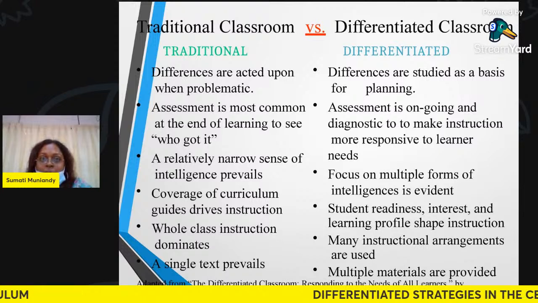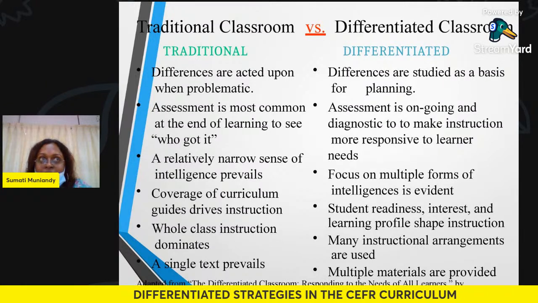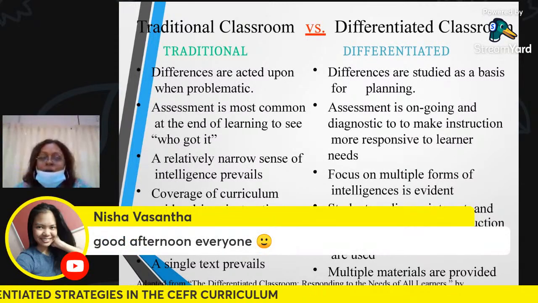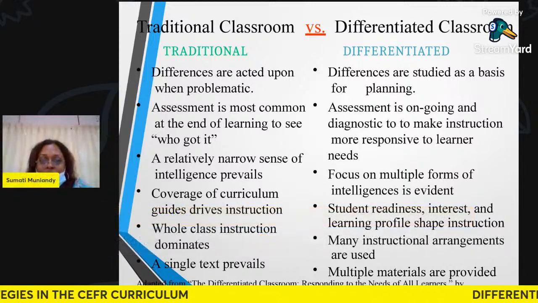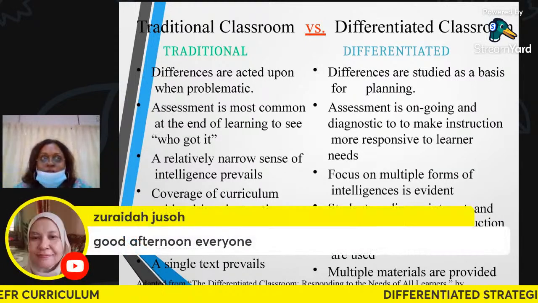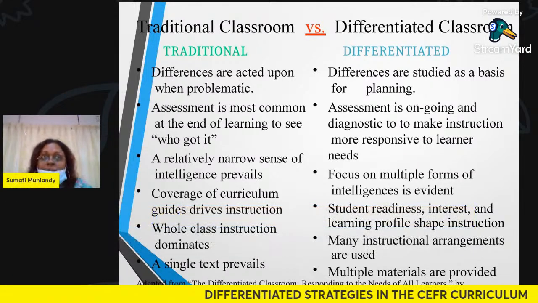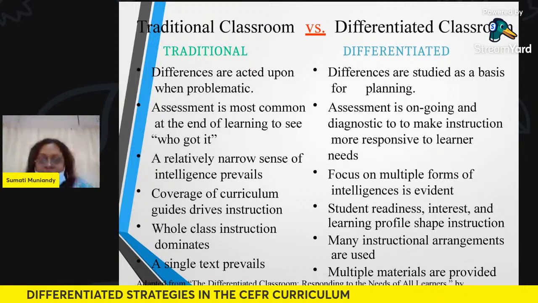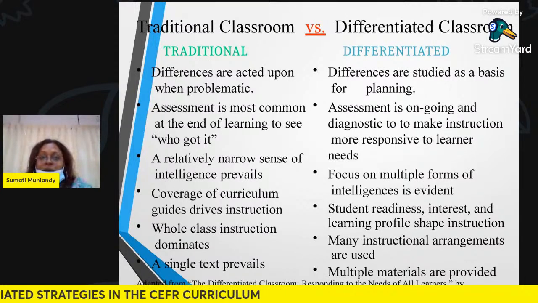When you notice the learners are slow, you give the learner more time. Maybe you give the learner more support. Maybe you arrange the learner with other students who are better than them to assist the learner. But if you look at the traditional classroom, we don't do that.